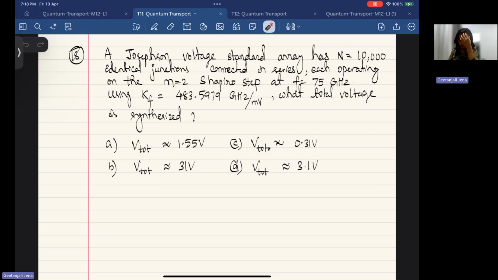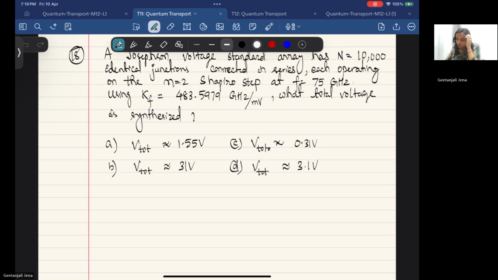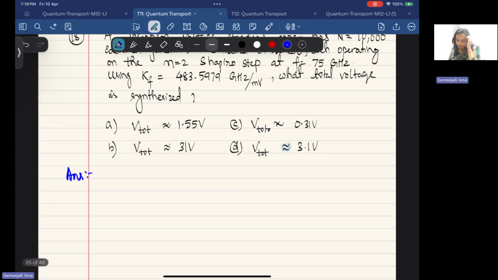So let me go through the solution. So what we have here: N is given, and the frequency is also given, 75 gigahertz.